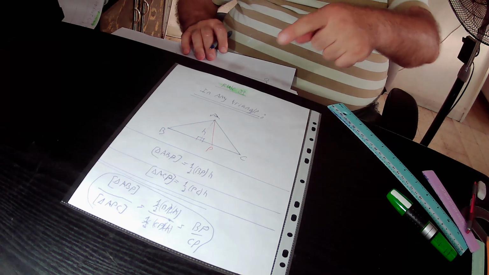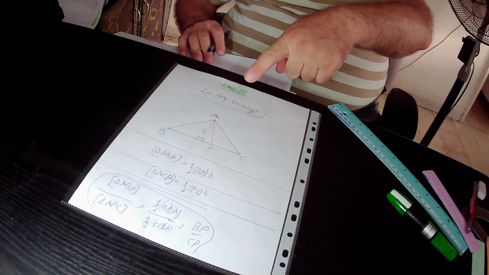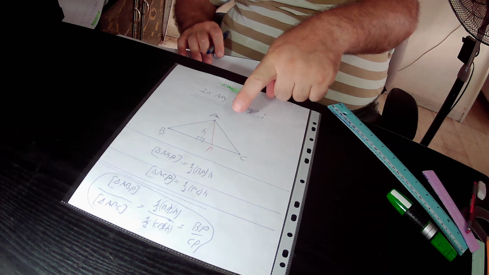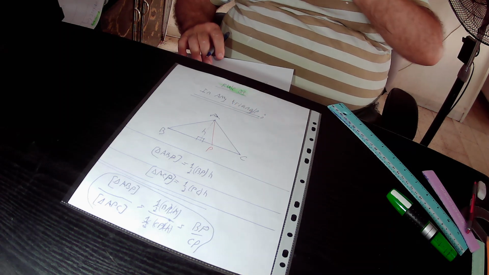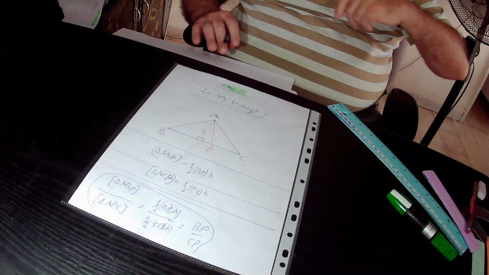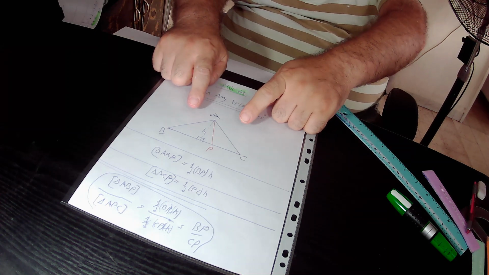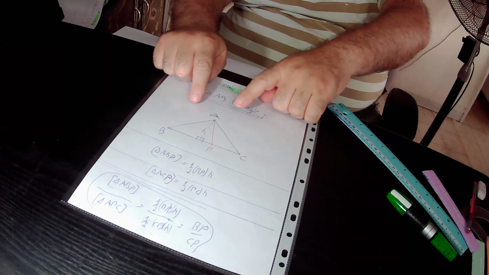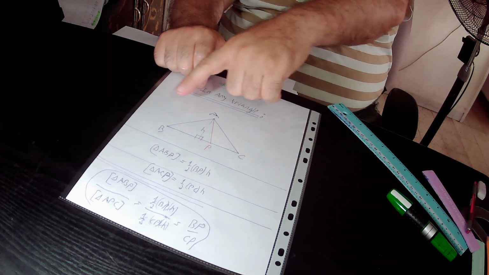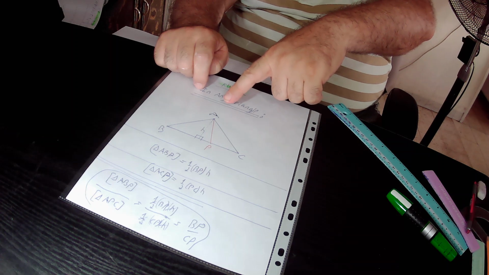So in triangle ABC, we draw the red line segment AP. By drawing the red line segment AP, we divided this triangle ABC into two smaller triangles. The first triangle is ABP, and the second triangle is APC.